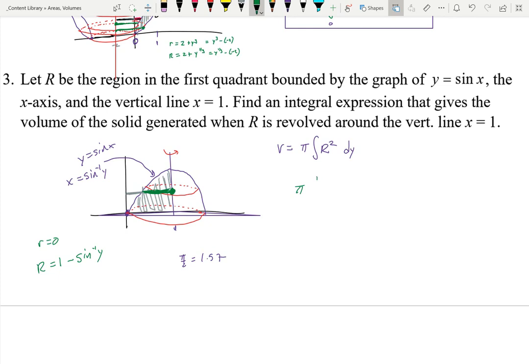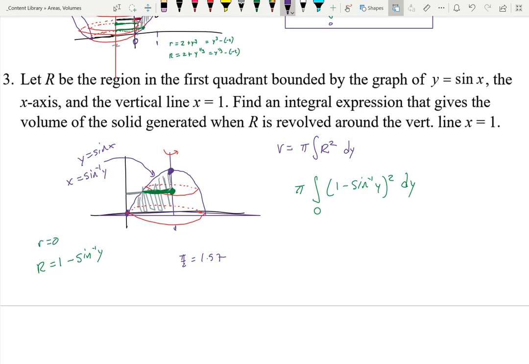So pi integral of 1 minus the inverse sine of y, quantity squared, with respect to y. And now what are the limits? Well, obviously we need y limits. So the lower end of that region is defined by 0. The upper end of that region is defined by whatever this is.